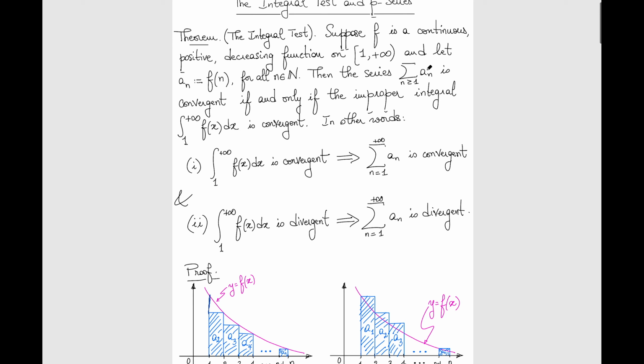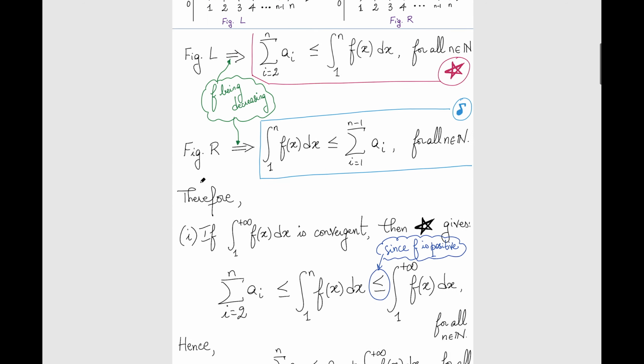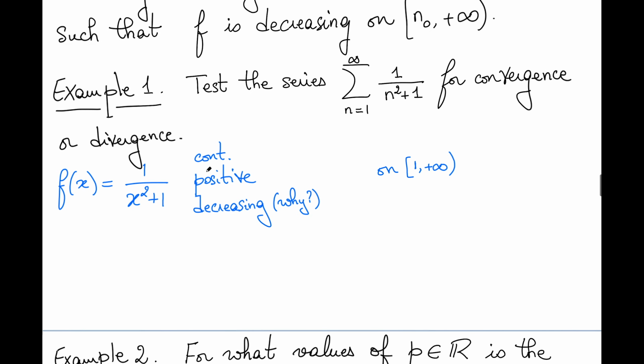As such, the series that we were given, the series of 1 over n squared plus 1, is convergent if and only if the integral from 1 to plus infinity of 1 divided by 1 plus x squared is going to be convergent, right?